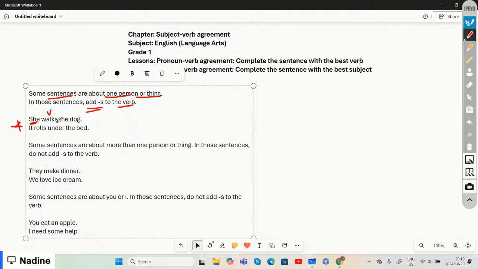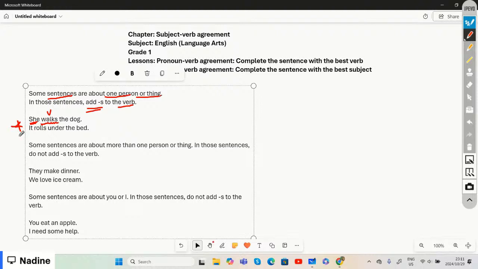This is our verb. What is she doing? Walks. And we add an S, because it's one person doing something, which means our verb ends with an S.